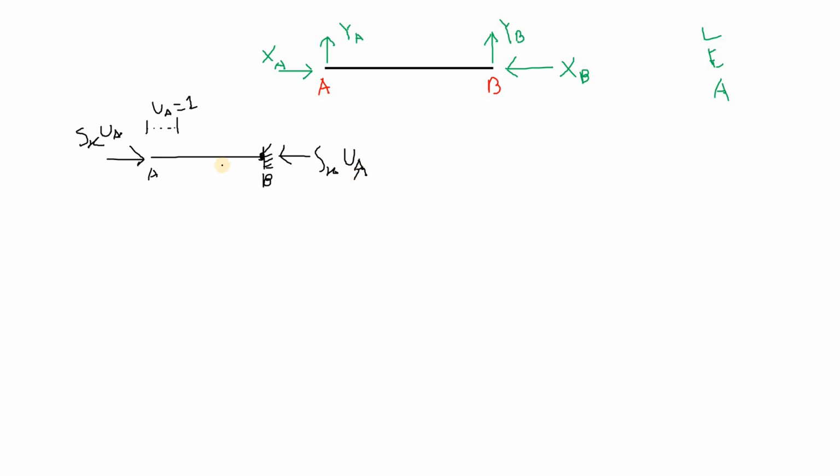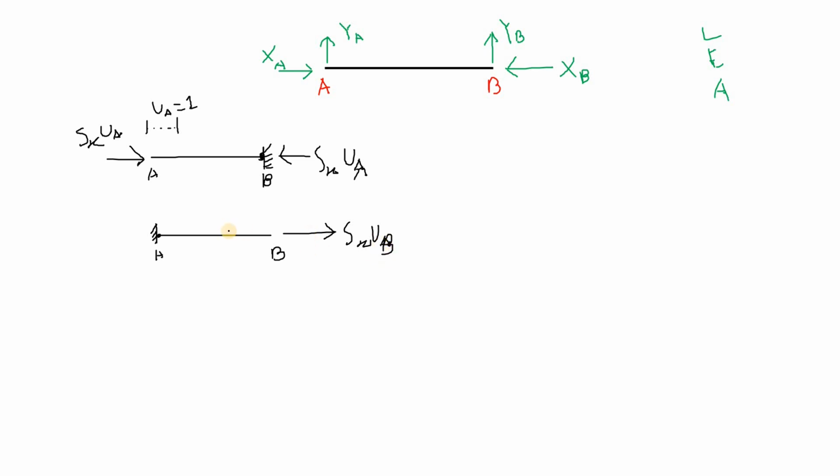Now when we consider the force at the B point, this is A again and this is B again. This time the force is acting in this direction, so instead of Sx UA, this time let's call it Sx UB.